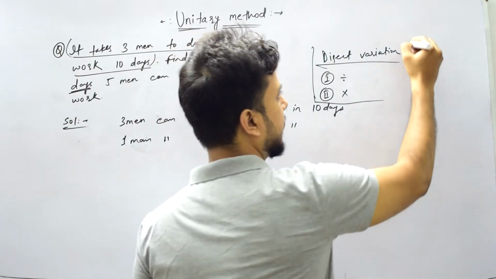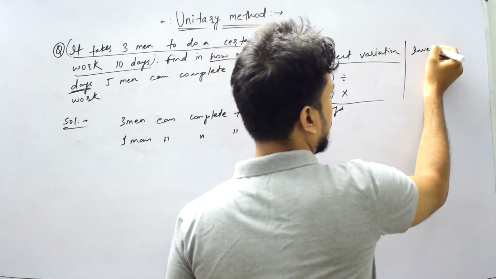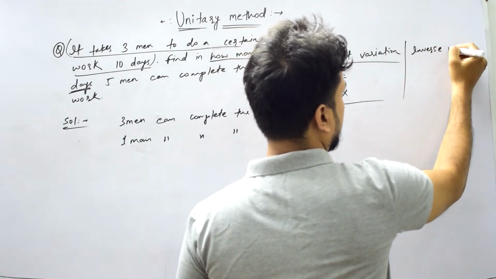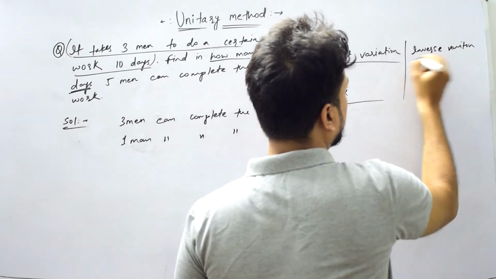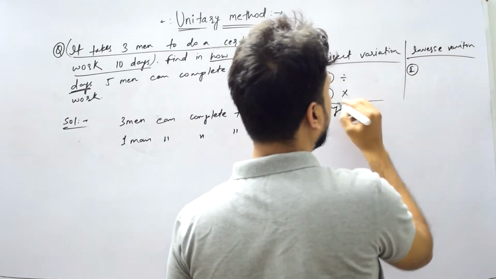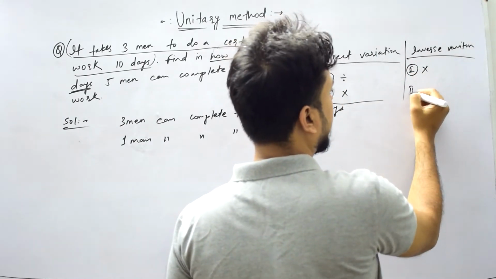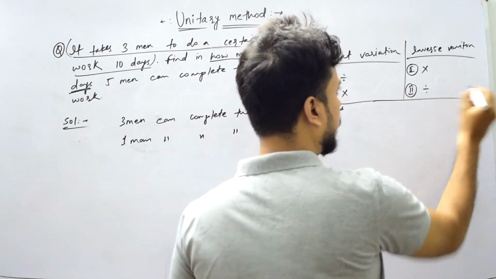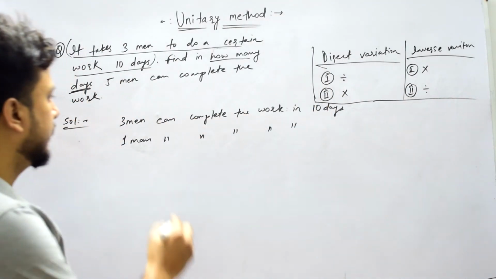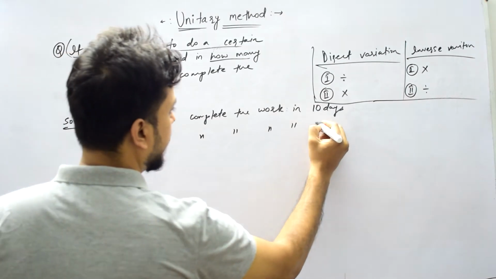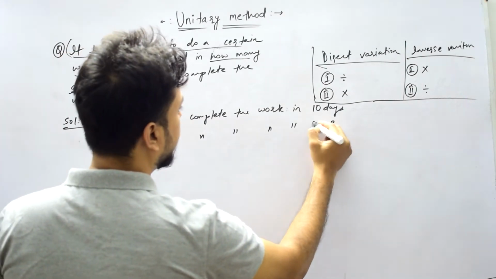In inverse variation, my first step will be multiplication and the second step will be division. So one man can complete the work in 10 into 3 days.